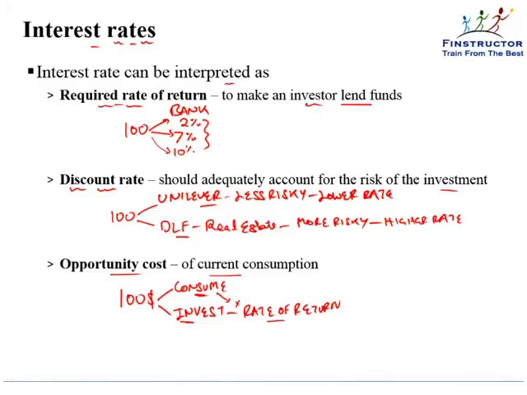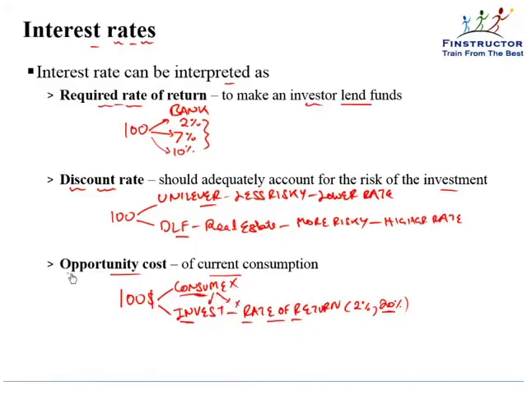Or in other words, opportunity cost is that minimum rate of return that needs to be offered so that the consumer gives up his consumption decision. If the rate of return is just 2%, I will not invest, I will rather consume and have a good life now. If the rate of return, on the other hand, is 20%, I may decide to give up my consumption and invest the funds at this rate of return.